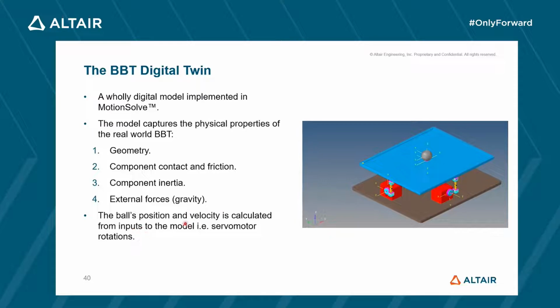So the ball's position and the velocity is calculated from inputs to the model as servo motor rotation. In this case, the simulation can also output the position of the ball and the rate of change of the ball's position with respect to the input.